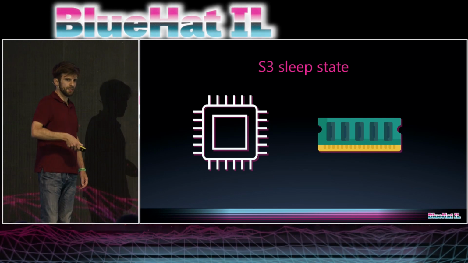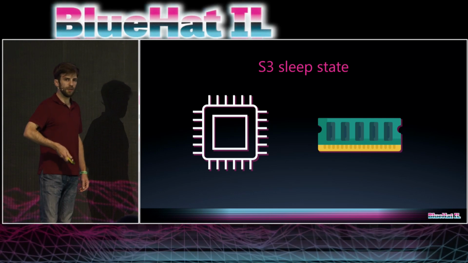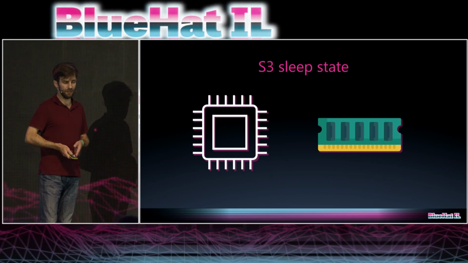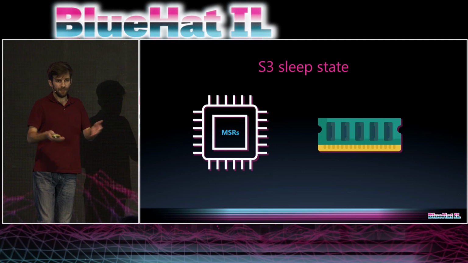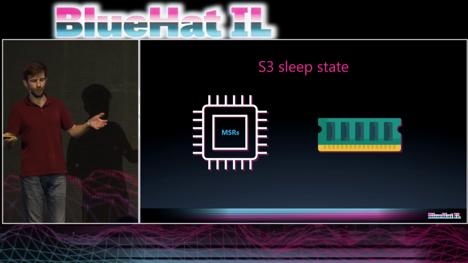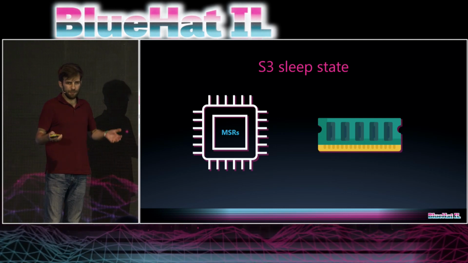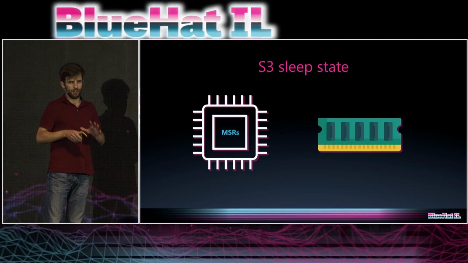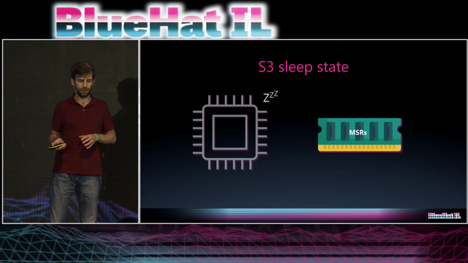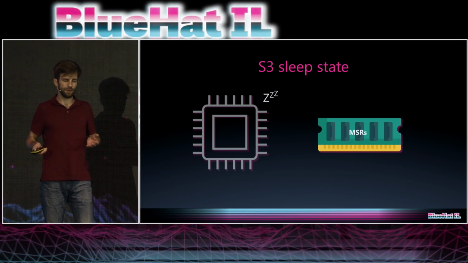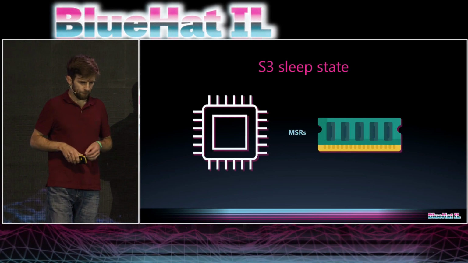And as the processor gets no power, all the interesting things there, for instance, the MSRs, are simply zeroed out. And if you care about your MSRs, and you do, you can simply, just before you put your machine to sleep, copy those MSRs to the memory, and once you're back from sleep, copy them back.